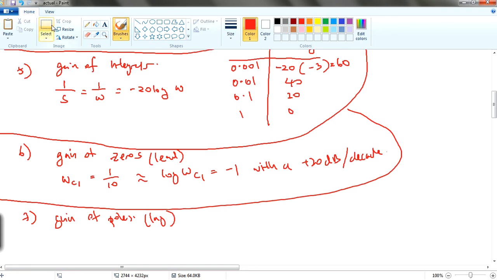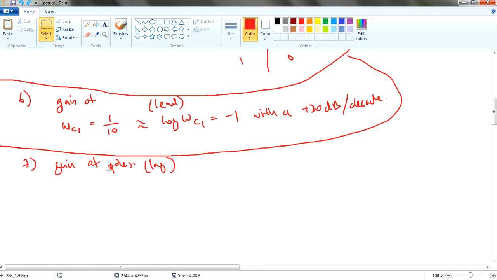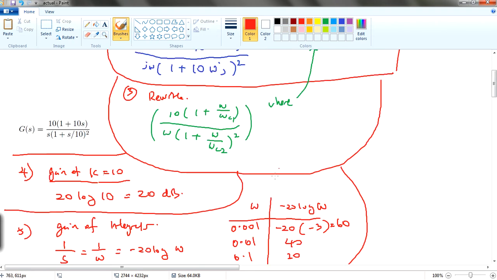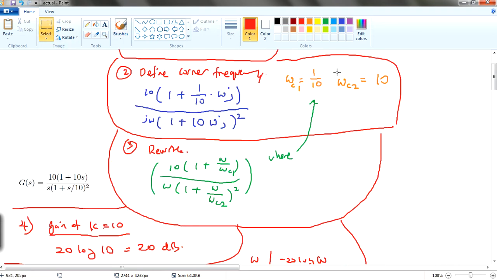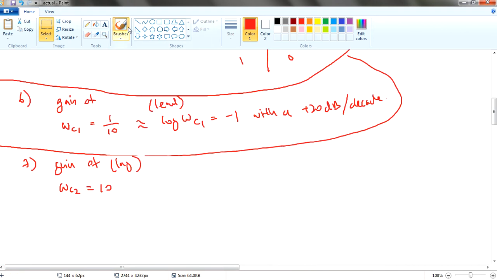Hold on, I should say that is the gain of the lead, not the zeros. Sorry, and then it should be the gain of the lag also. The gain of the lag is the same form. Omega c2 is equal to 10, because the cutoff frequency that we found for omega c2 is 10. If you don't know, then head back to a few minutes ago.